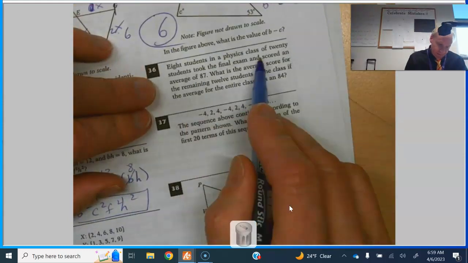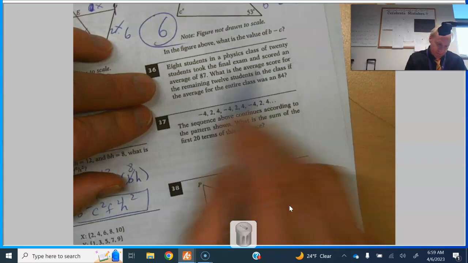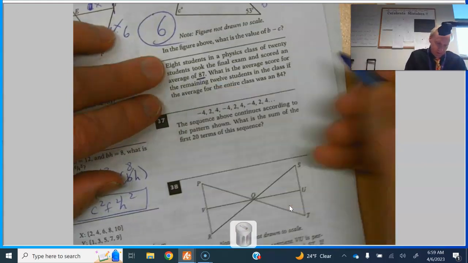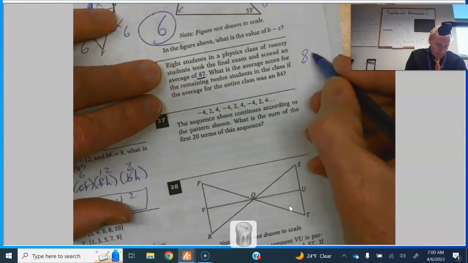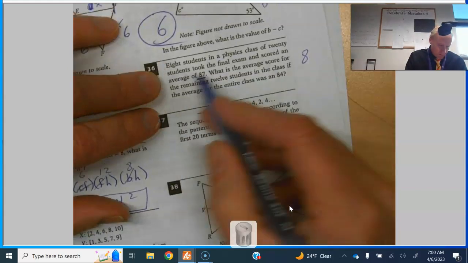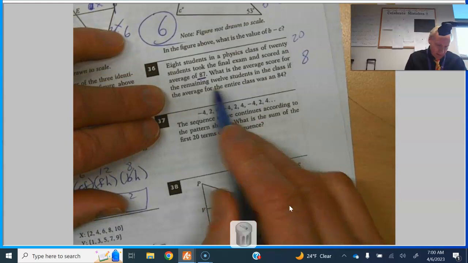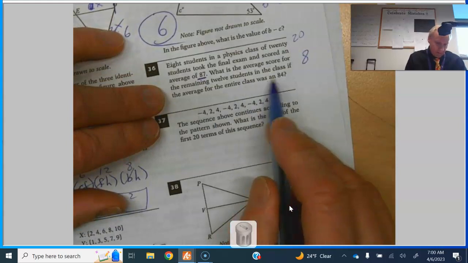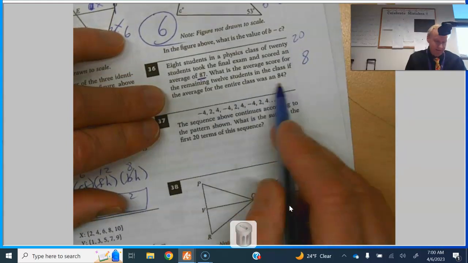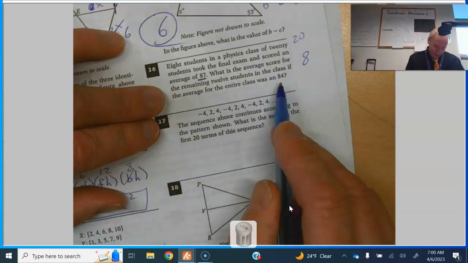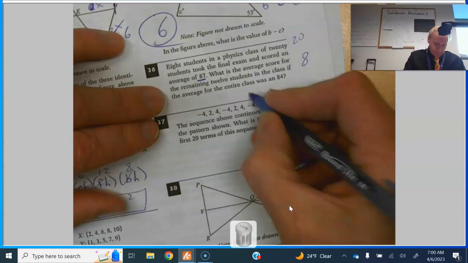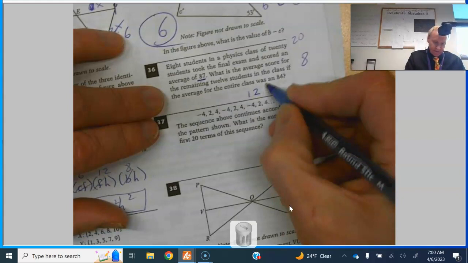8 students in a physics class of 20 students took the final exam and scored an average of 87. So we have 8 out of 20. What is the average score for the remaining 12 students if the average for the entire class was 84? There are 12 students left who basically got 84s.